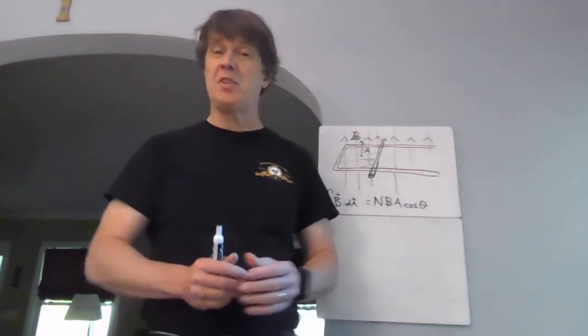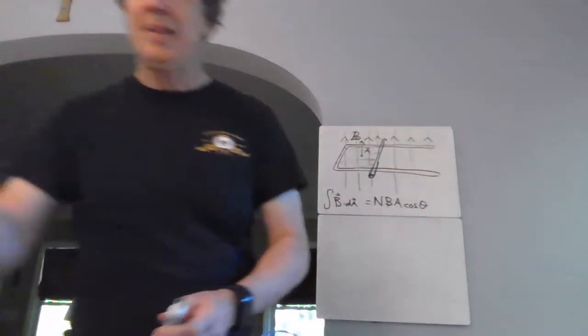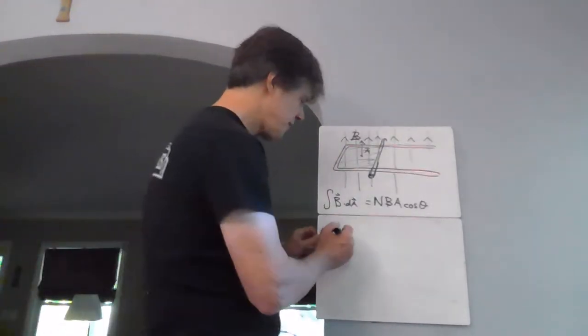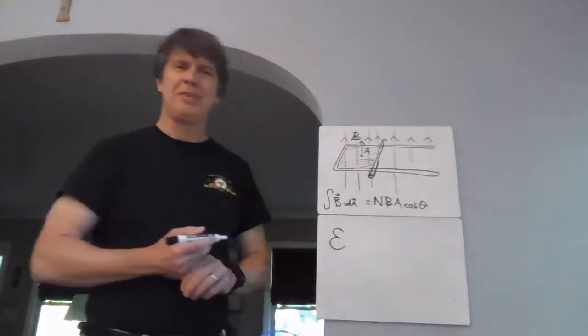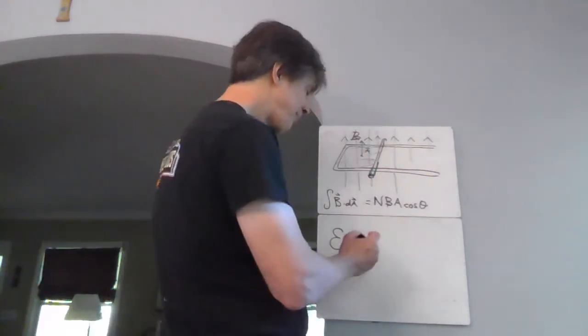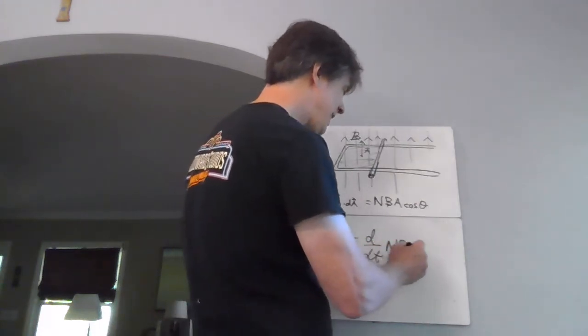And those volts are almost like the volts of a battery. It has an electromotive force. So in a practical sense, it's the EMF in volts that's going to equal d/dt, the time rate of change, of NBA cosine theta.